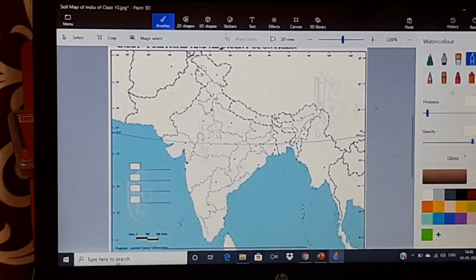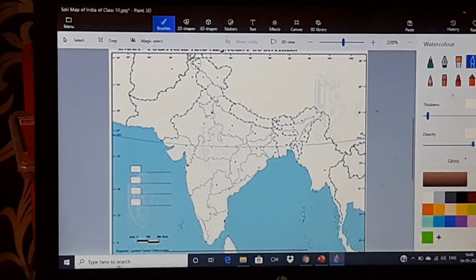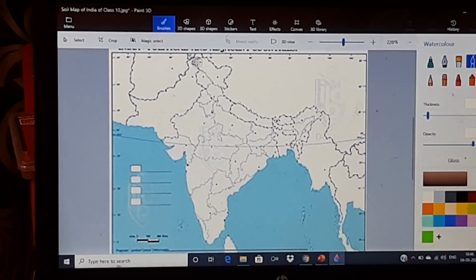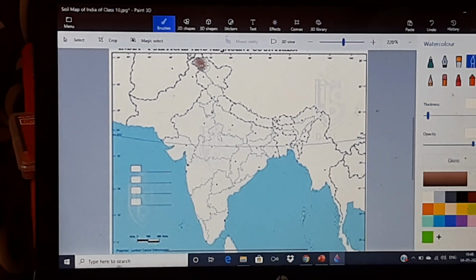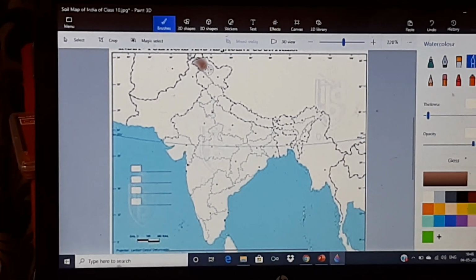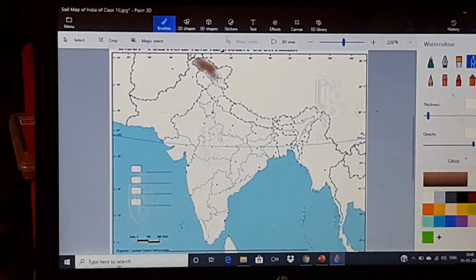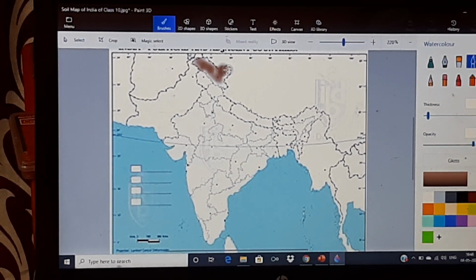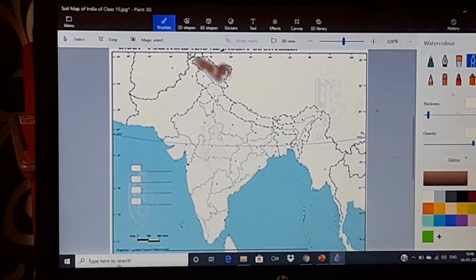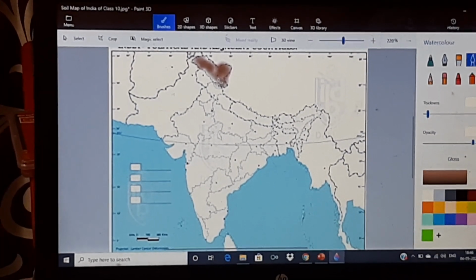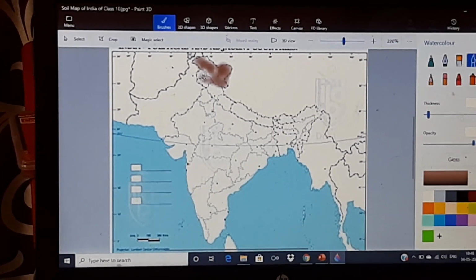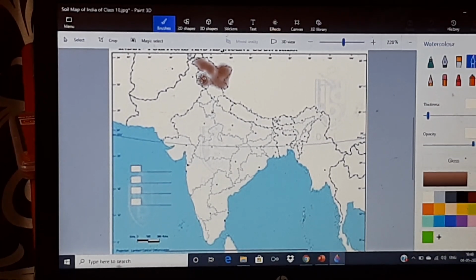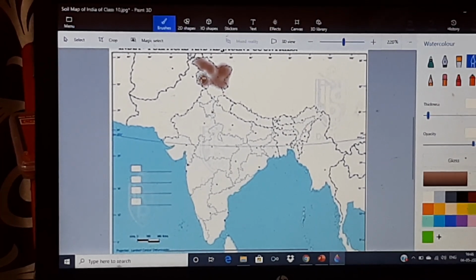The first soil that I am going to start to plot is the mountain soil. Now see, it is covering the state of Jammu and Kashmir, entirely Jammu and Kashmir. Then it is going to the state of Himachal Pradesh.